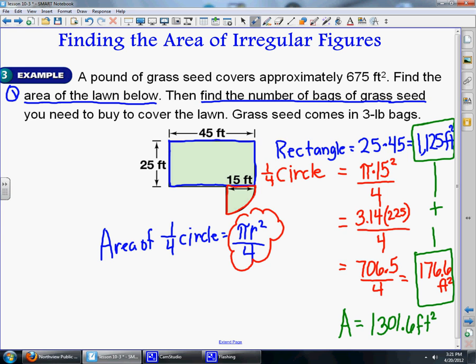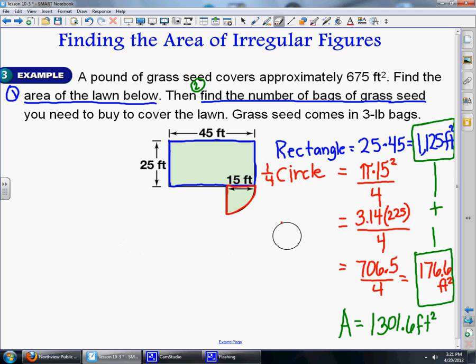Now, the second part of the question. Now that we found the area, we want to know how many bags of grass seed we need. Well, in the first part of the problem, they tell us that 1 pound of grass seed covers about 765 square feet.